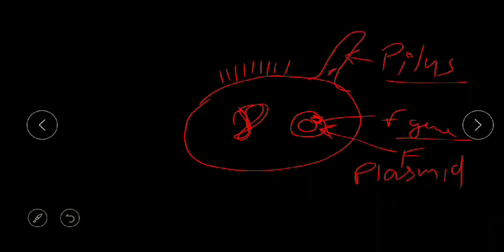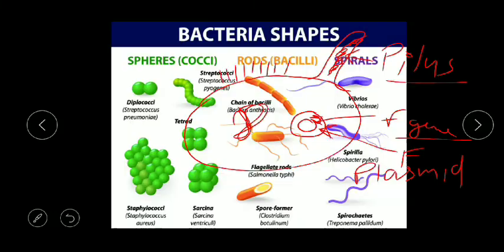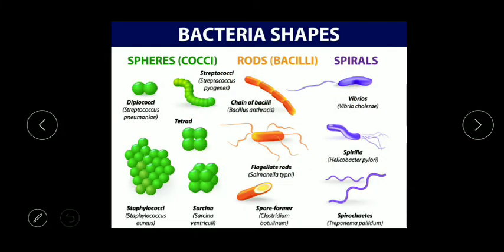This gene codes for the pilin protein, and pilin protein accumulates in this part, and due to its accumulation there is a formation of pilus. So pili are formed when there is a presence of F plasmid. Please remember this concept.